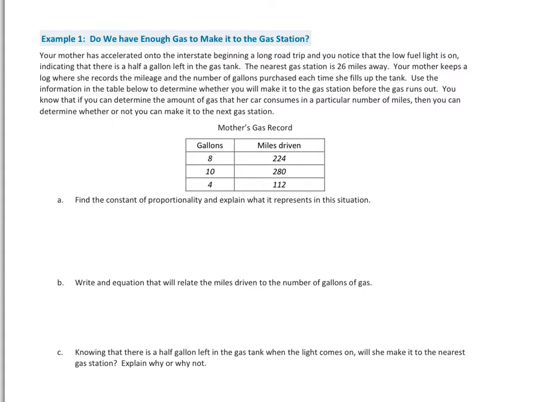In this case, you have a choice on how many gallons you put into your car, and that affects how many miles you can drive. So in this case, gallons would be our independent, or our X, and miles driven would be our dependent, or our Y.